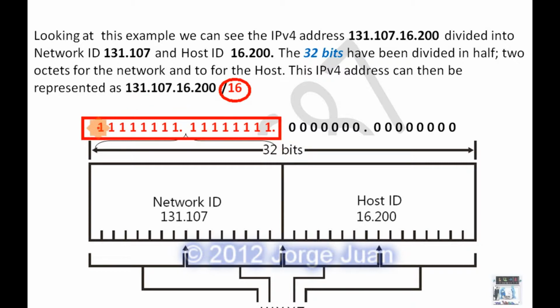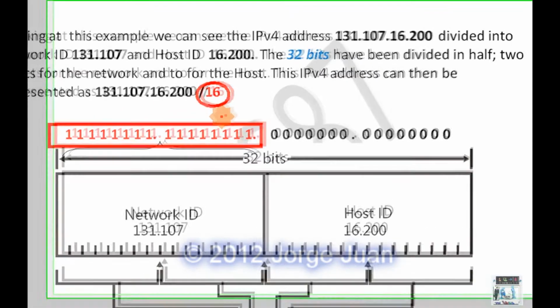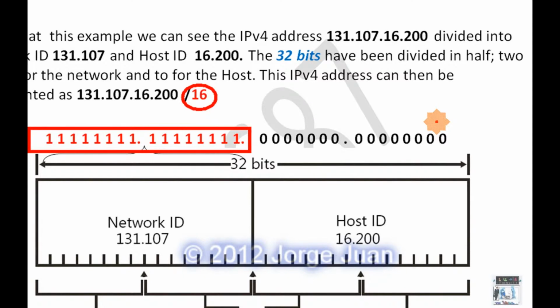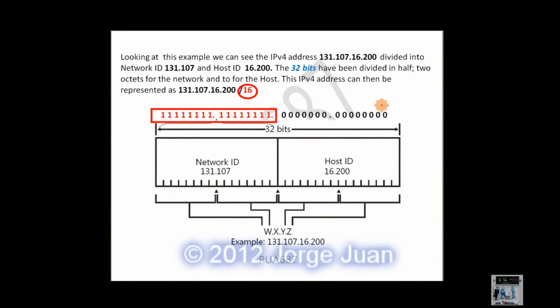Now, in binary, all these numbers being set to 1 translate to decimal 255. Then in decimal dotted notation, this would be 255.255.0.0. That would be the network mask in this scenario.